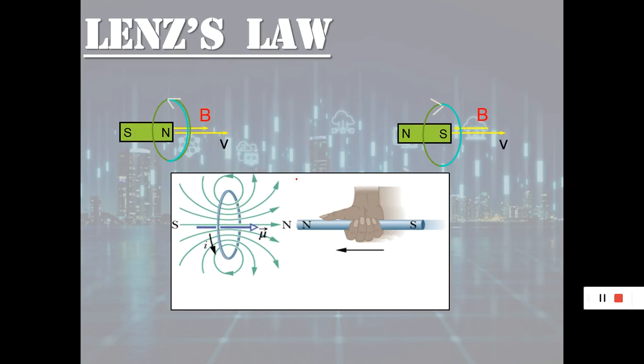This is what the definition states. Let's say we have a loop here and a magnetic field. This loop will behave like a temporary magnet.